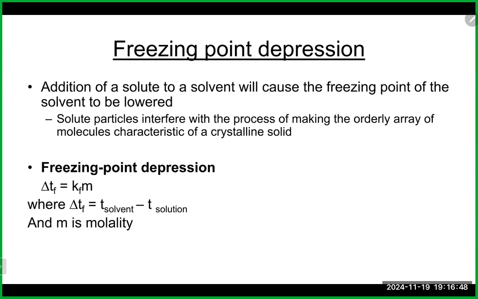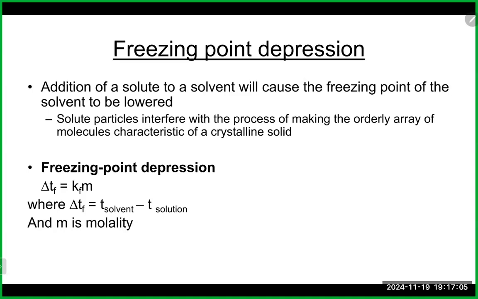Now, another colligative property that's affected by the presence of particles in solution is freezing point. The way it affects it is what's referred to as freezing point depression, and it basically lowers the freezing point.